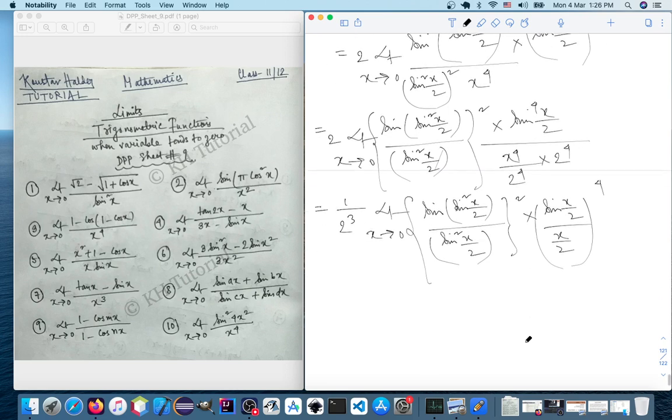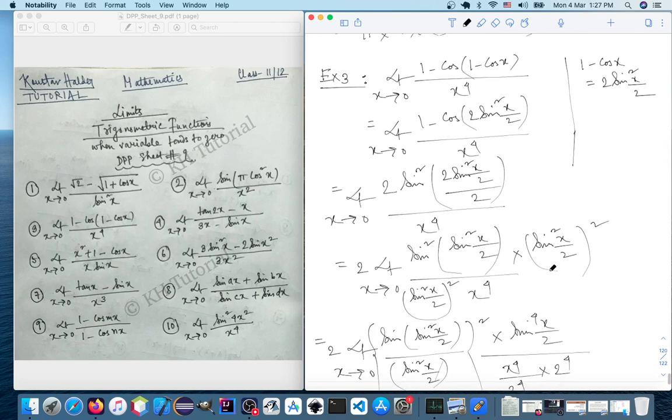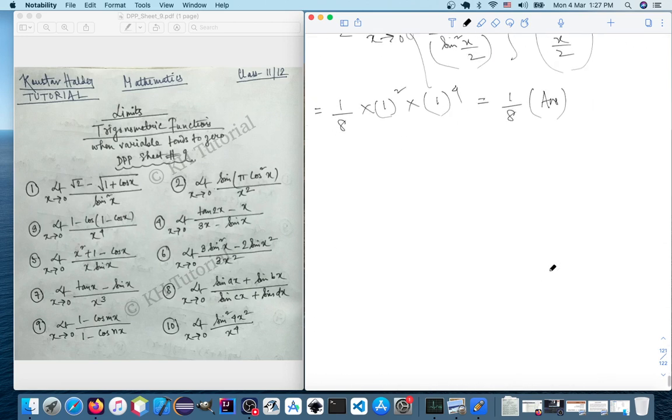So sine x by 2 divided by x by 2 will be 1 at x tending to 0. Also, the first term inside the limit will also be 1. So we get the answer as 1 by 8 into 1 square into 1 to the power 4. This is 1 by 8. 1 by 8 is the answer. Okay, let's see the next problem.